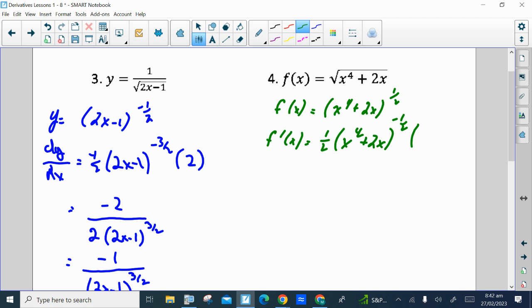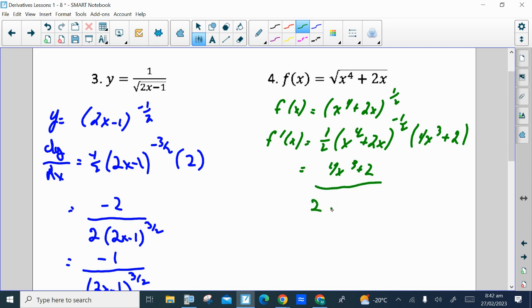And then you're going to multiply by the derivative of what's inside, which in this case will be a binomial, 4x cubed plus 2. So the 4x cubed plus 2 would stay on top. It is multiplied by the numerator on the 1/2, which is just timesing it by 1. So the numerator is 4x cubed plus 2 all over 2.